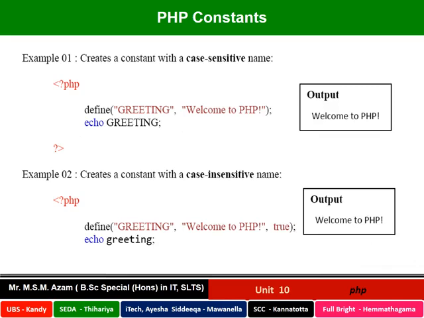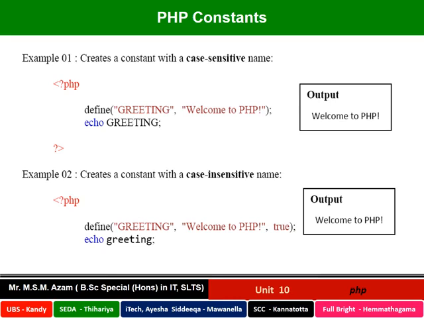See these examples. Example number 1. I am going to create a constant with a case sensitive name. For this purpose, I have to use the built-in PHP function called define. Therefore, I start with the keyword define. Within bracket, give the name of the constant, that is given in capital letters as GREETING, comma, give the value to that constant. The value given to the constant is welcome to PHP. And there should be another argument called case insensitive. But here that argument is not included.